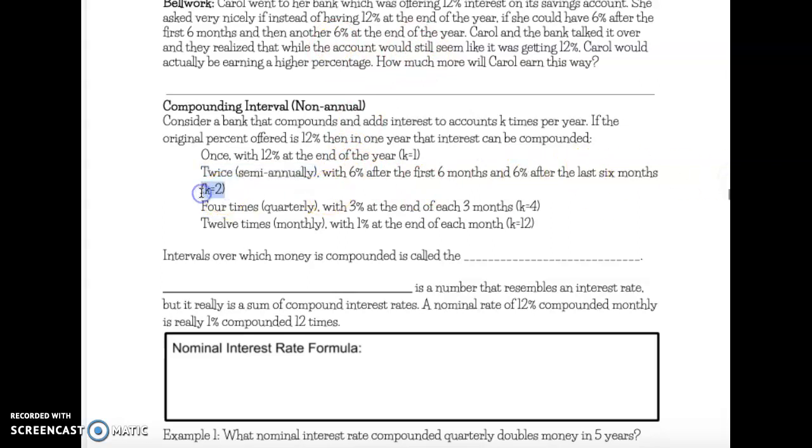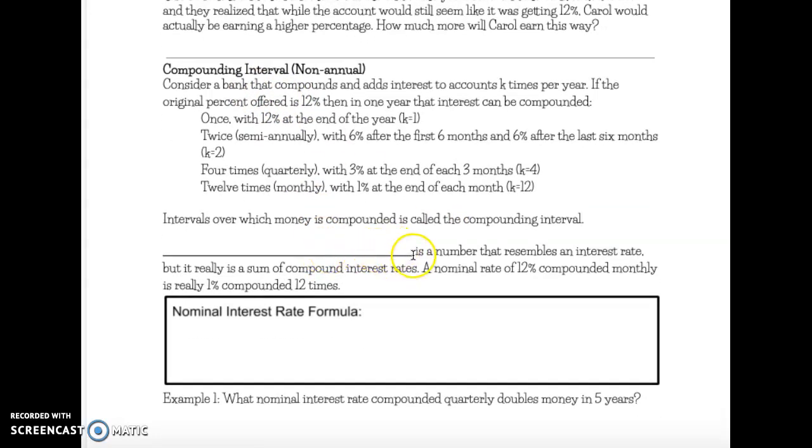K is 2 because we've done it twice. 4 times, that's quarterly, or even 12 times monthly. And essentially, the more often you pay out your interest, the more you get paid overall. So intervals over which money is compounded is called the compounding interval.